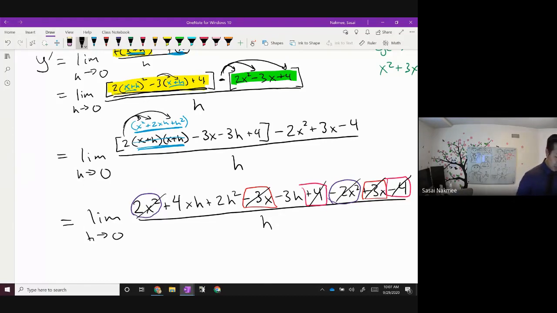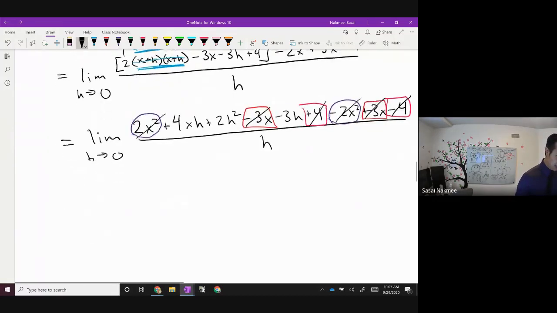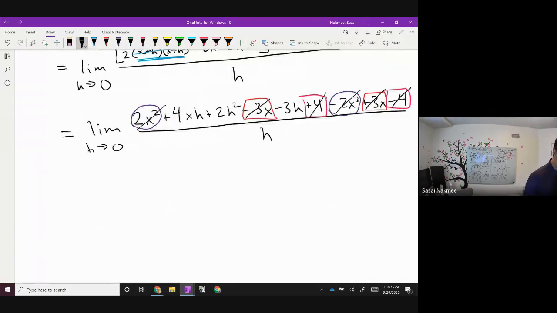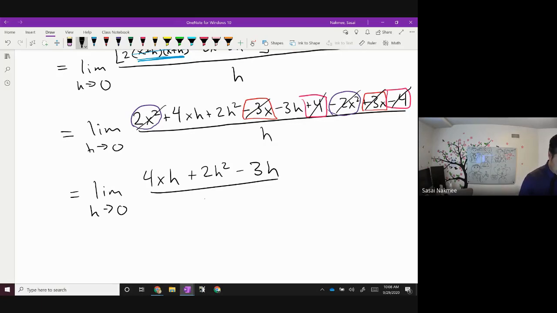That leaves us, once you cancel all that out, with the limit as h approaches 0 of 4xh plus 2h squared minus 3h, all divided by h.